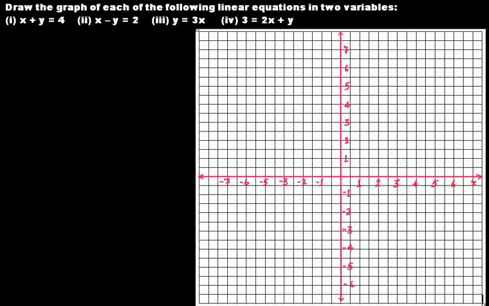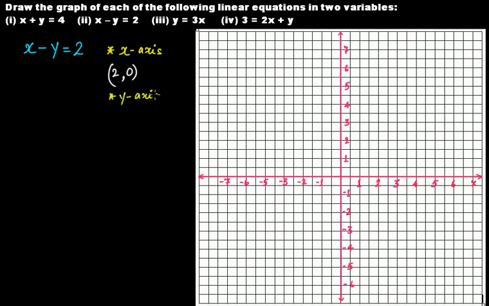In the next one, you have x minus y equal to 2. Check what point the line will pass through on the x-axis. For that, always put y equal to 0, because on the x-axis your y is equal to 0. So when your y is 0, x minus 0 is equal to 2, it means x equal to 2. And then check what point the line will pass through on the y-axis.